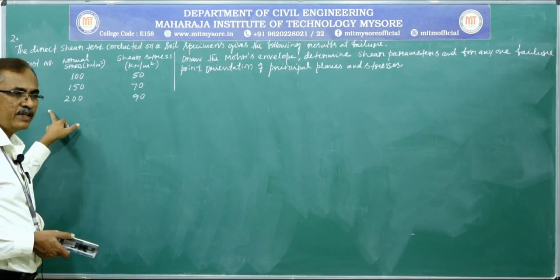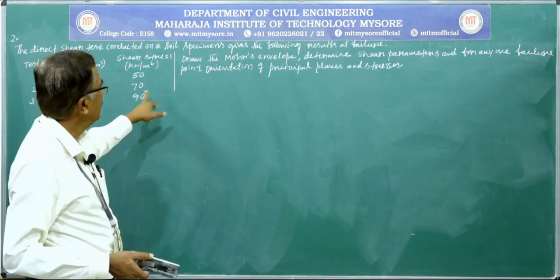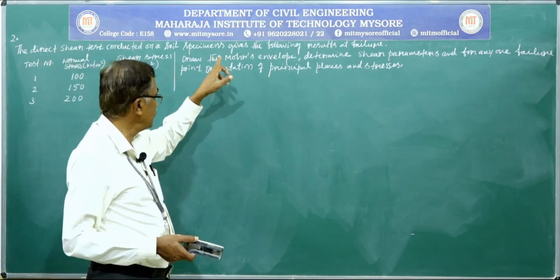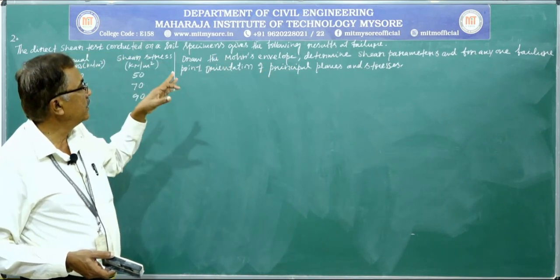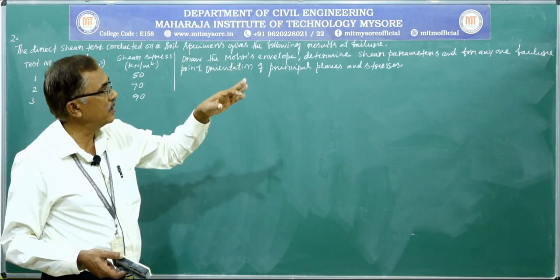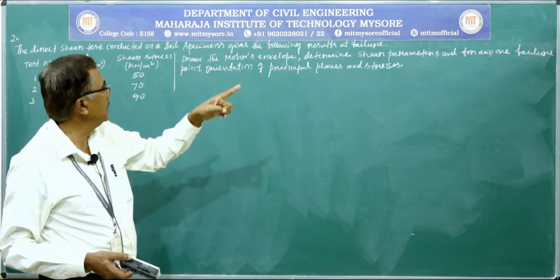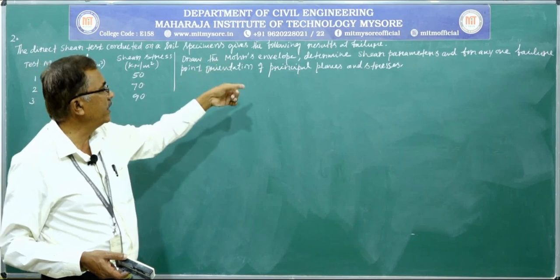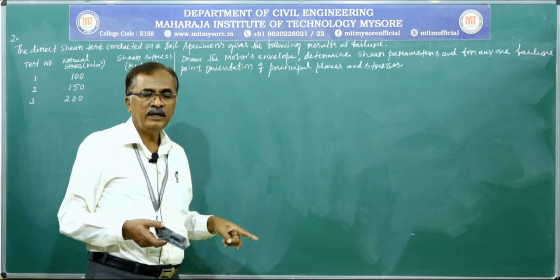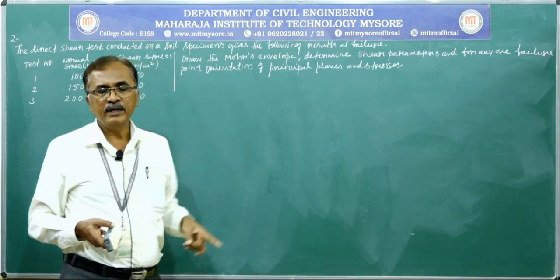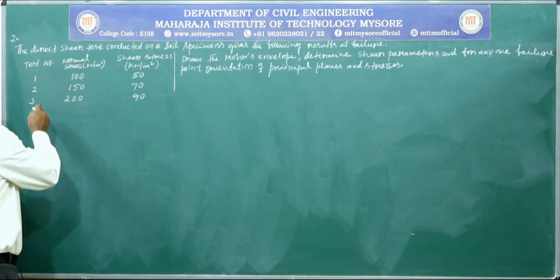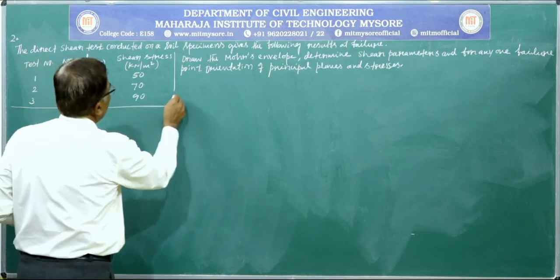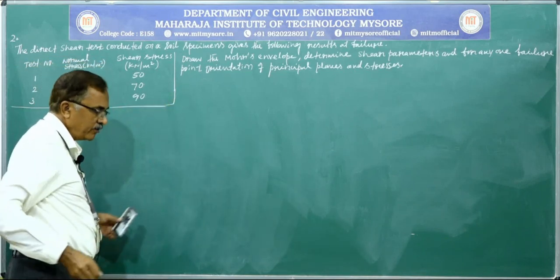So, 3 trials of tests were conducted, and for that it is asked to draw the Mohr envelope and determine shear parameters, and for any one failure point the orientation of principal planes and stresses to be determined. First we need to plot the graph.